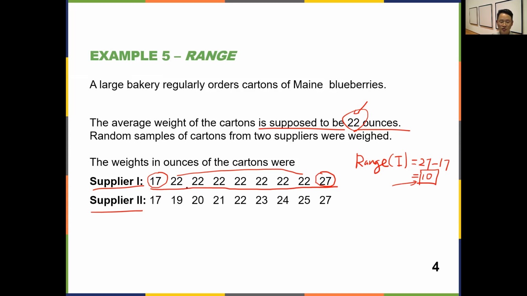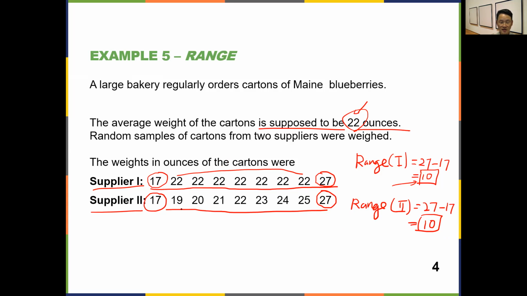But you can probably guess the problem here, because for supplier 2, the smallest number and the biggest number are the same. So the range for supplier 2 is also 27 minus 17, which is 10. So the range for supplier 2 is the same.